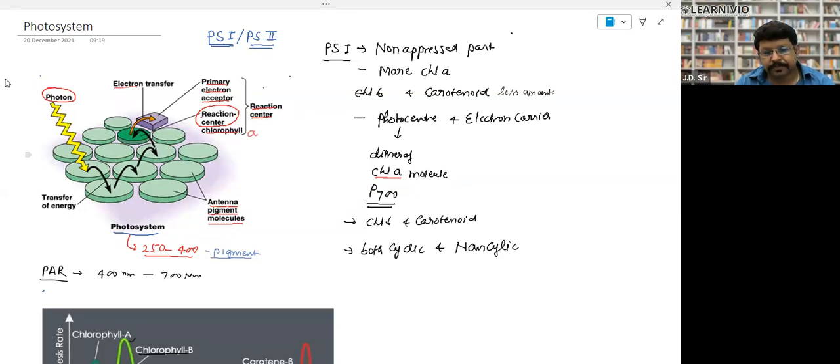Next, it also contains chlorophyll B and carotenoid.